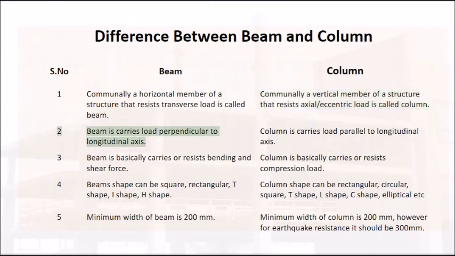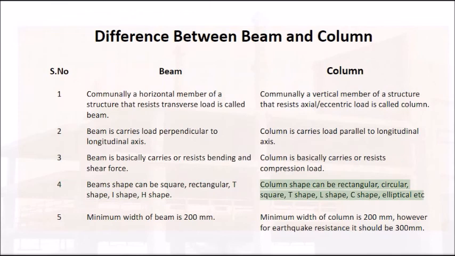2. A beam carries load perpendicular to its longitudinal axis. A column carries load parallel to its longitudinal axis. 3. A beam basically carries or resists bending and shear force. A column basically carries or resists compression load. 4. A beam's shape can be square, rectangular, T-shape, I-shape, or H-shape.